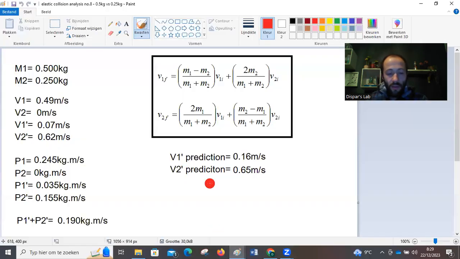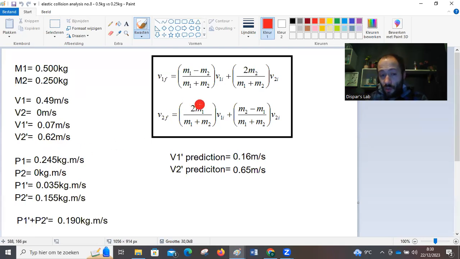So I have done the calculations. This is the two mass versus the one mass, and these are the measured results. The incoming velocity of cart 1 is 0.49 meters per second, and the red cart came out with a velocity of 0.62 meters per second.